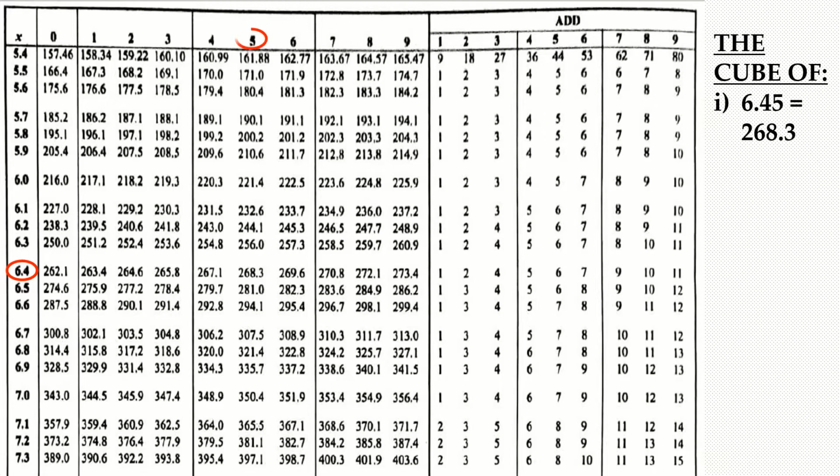The first number is 6.45. So on the x column we look at the number which is 6.4, because the x column carries those numbers that are up to one decimal place, and then the third digit will be checked on the x row on top, which is 5. Then I cross-check the number that coincides with the 6.4 and 5.